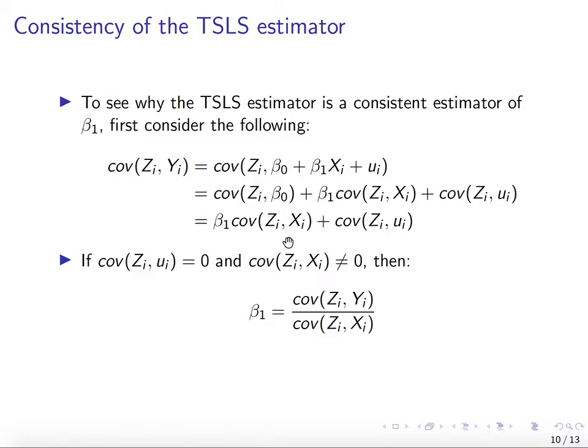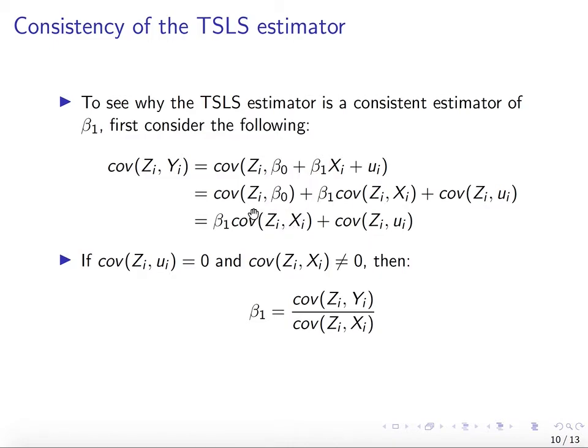Think back on our example. I want rainfall to actually have an impact on yields. Otherwise, my exogenous variation is useless. If I think of an instrumental variable zi that is not correlated with my endogenous independent variable of interest, then I have a problem here.